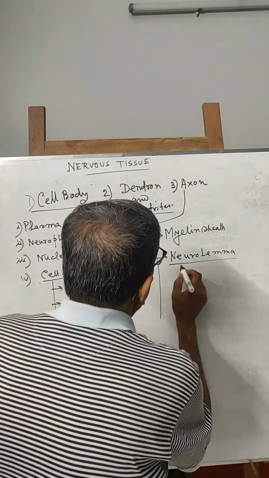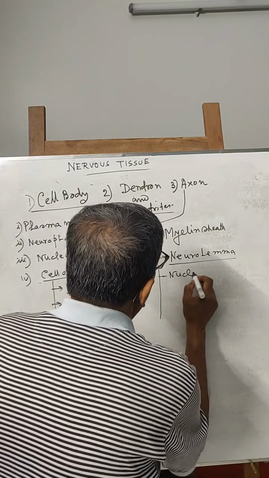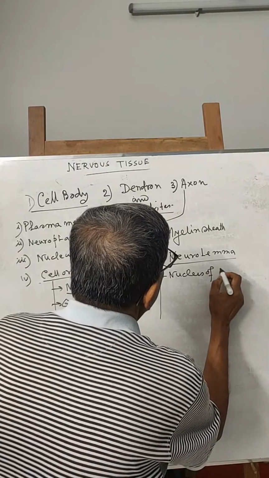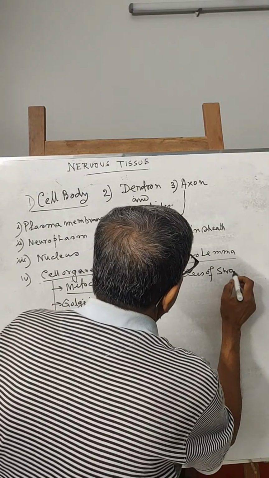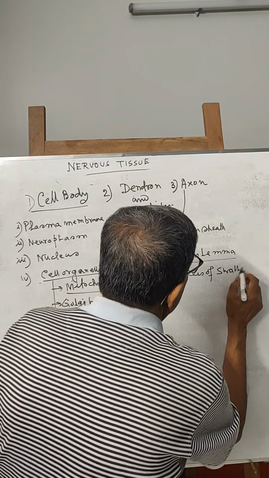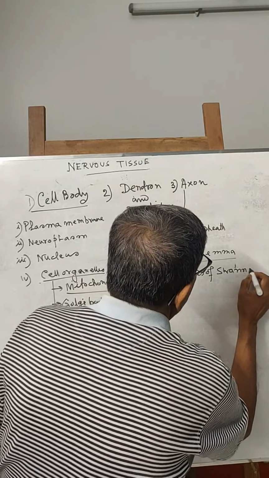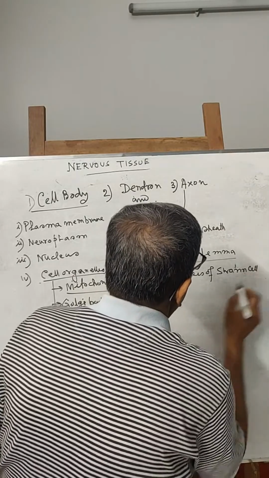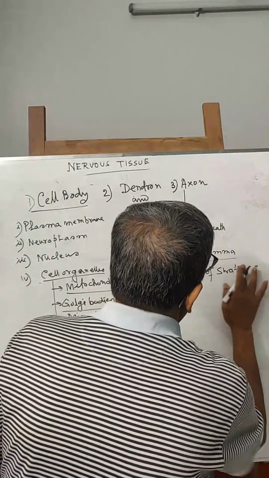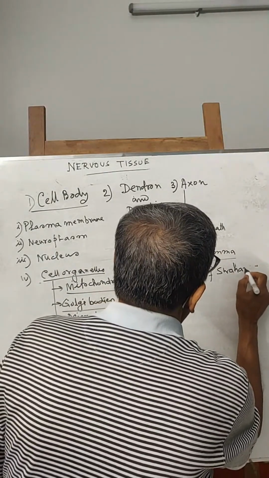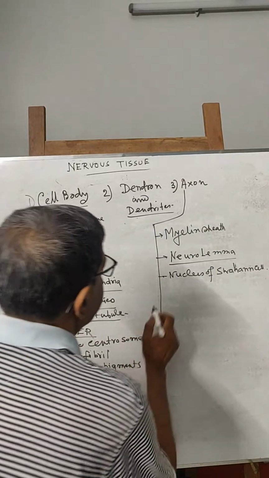The nucleus in the neurolemma is the nucleus of the Schwann cell.